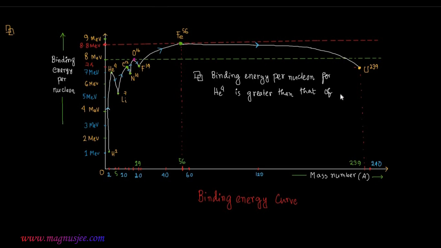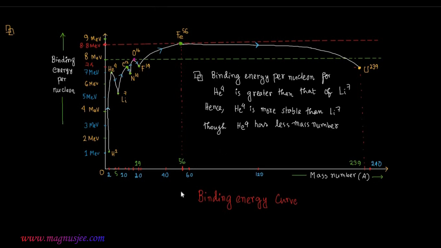Binding energy per nucleon for He4 is approximately equal to 7 mega electron volt, but for lithium 7 it is 5.5 mega electron volt. That's why you can say that binding energy per nucleon for He4 is greater than that of Li7. Hence we can say that He4 is more stable than lithium 7.